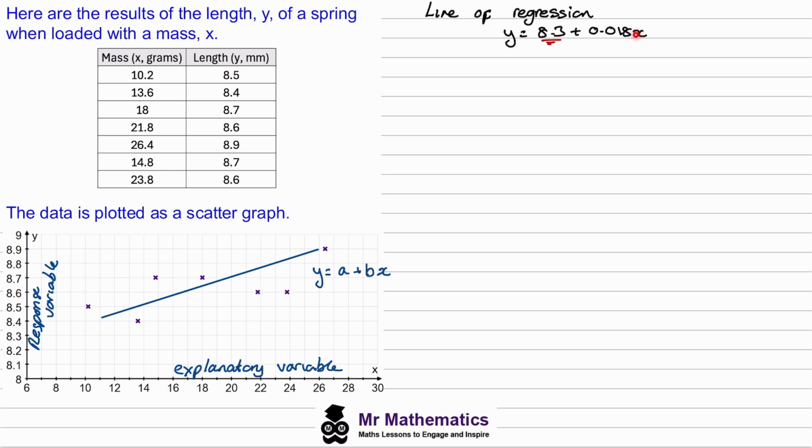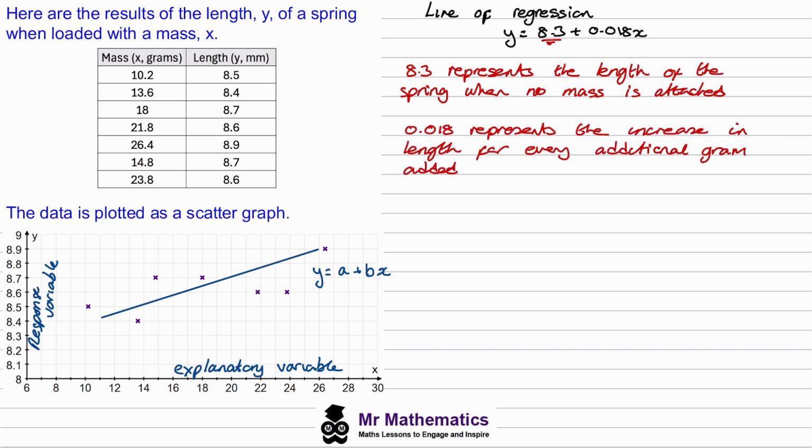So when x is 0, all of this will go, and we'll get a length of 8.3 centimeters. So we'll say the 8.3 represents the length of a spring when no mass is attached. And then the 0.018 would represent the increase of 0.018 millimeters for every additional gram attached. So you can see that this would be the gradient of the slope. So we'll say the 0.018 represents the increase in length for every additional gram added.